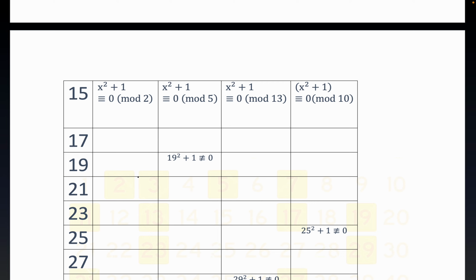Like I tried 19 also. One nice way to see that 19 doesn't work is that 19 is congruent to 4 mod 5, and so you would get 4 squared plus 1. That means not congruent, not divisible by 5. That would be 17, which is certainly not divisible by 5. It leaves a remainder of 1.